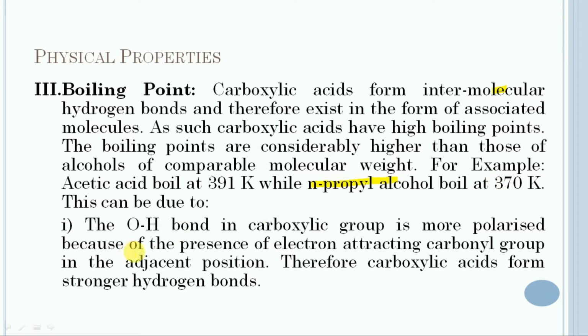and this is due to, in the case of carboxylic acid, the OH group being more polarized because of the presence of the electron withdrawing carbonyl group in the adjacent position. Therefore, the carboxylic acid forms stronger hydrogen bonds.